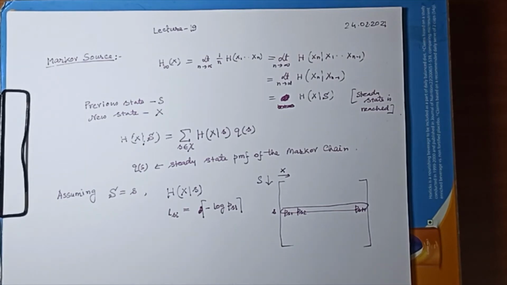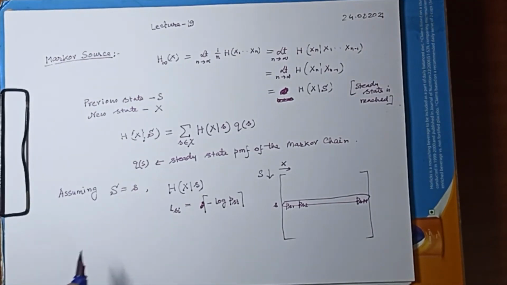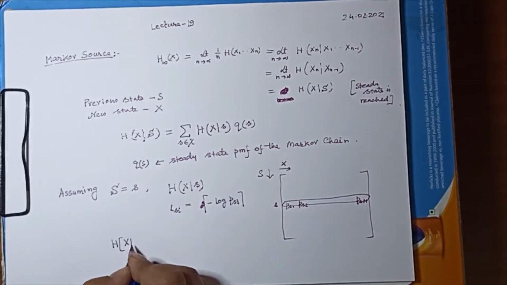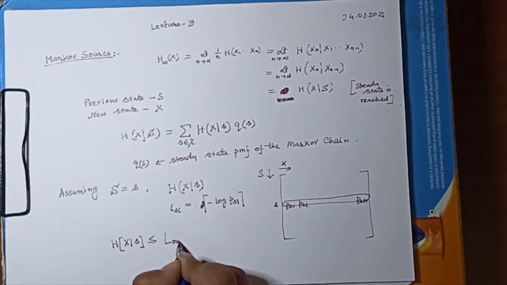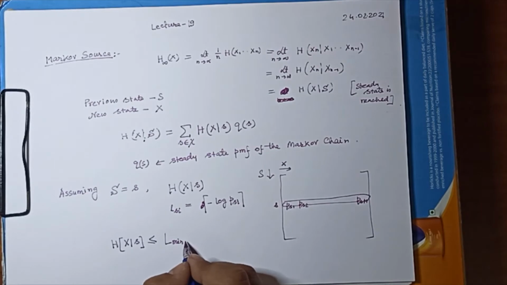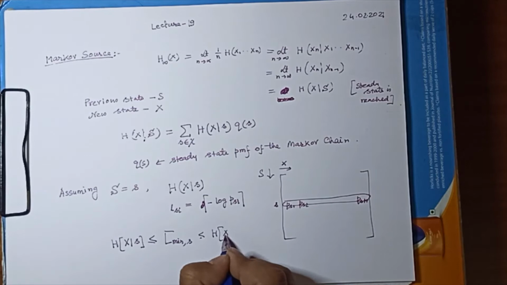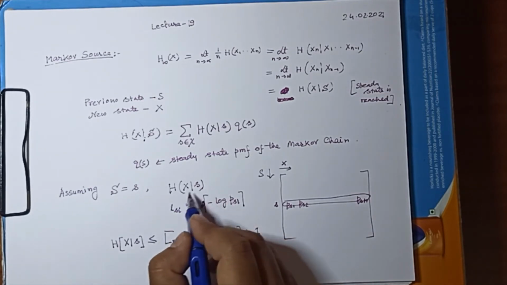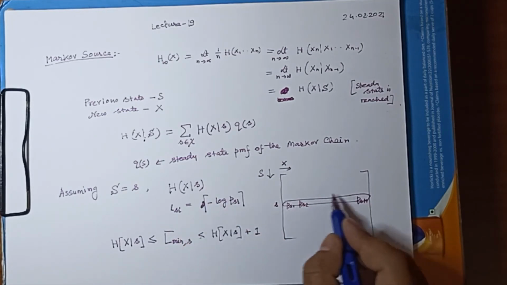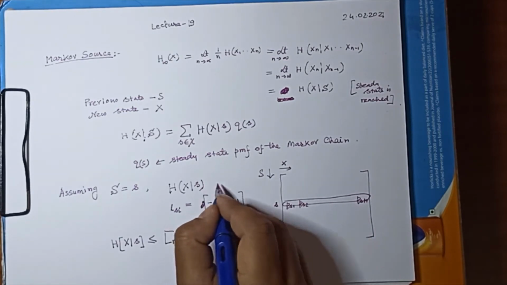Using this we can do the encoding, and this should satisfy the source coding theorem: H of X given s is less than or equal to the minimum expected length when the previous state is s, which is less than H of X given s plus 1. This H of X given s comes from these probabilities. So that we know.